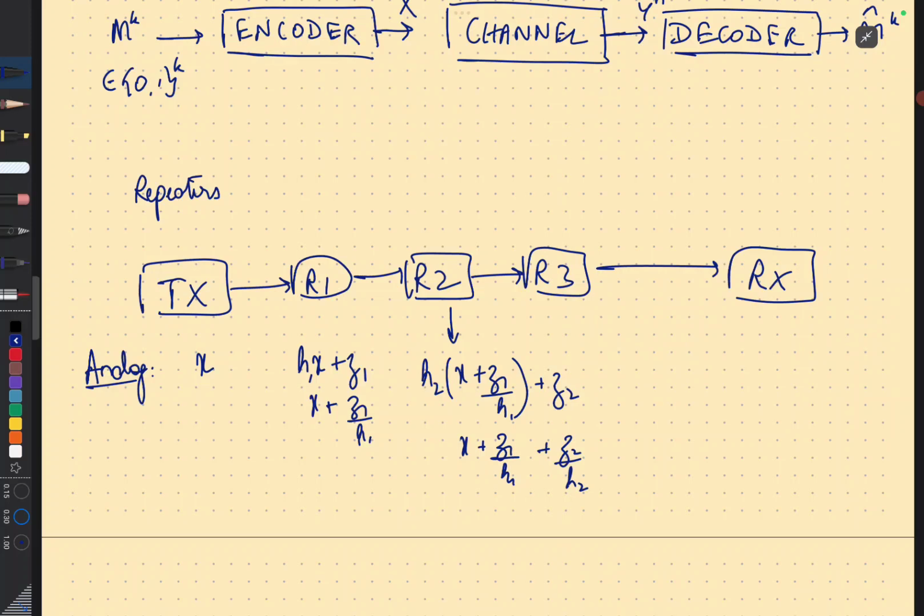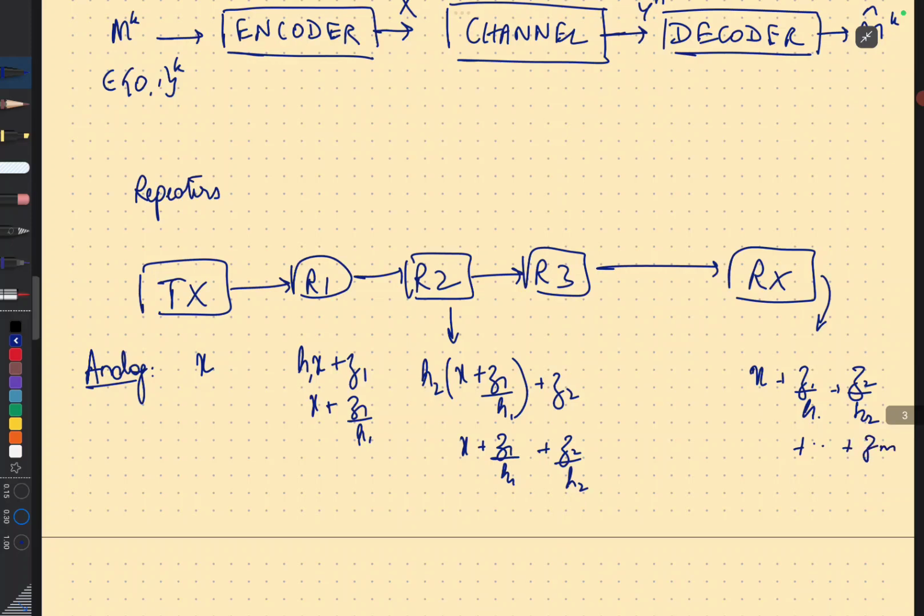Okay. So essentially at the final receiver, after whatever correction or amplification, the receiver can essentially output x plus z1 by h1 plus z2 by h2 and so on.